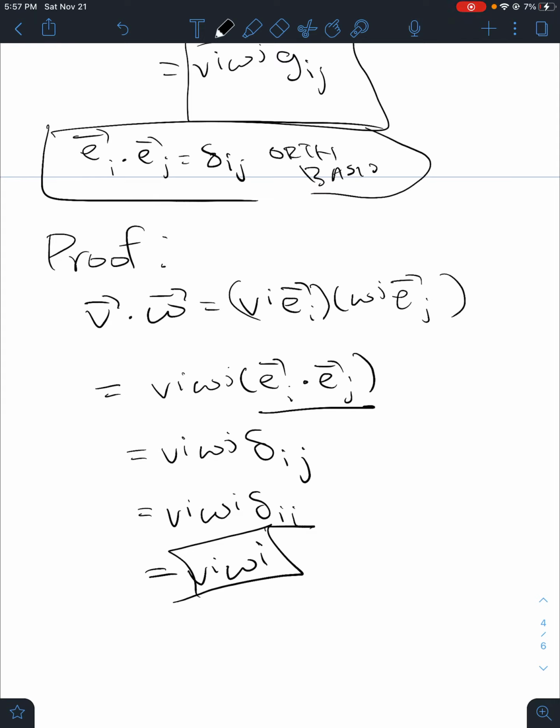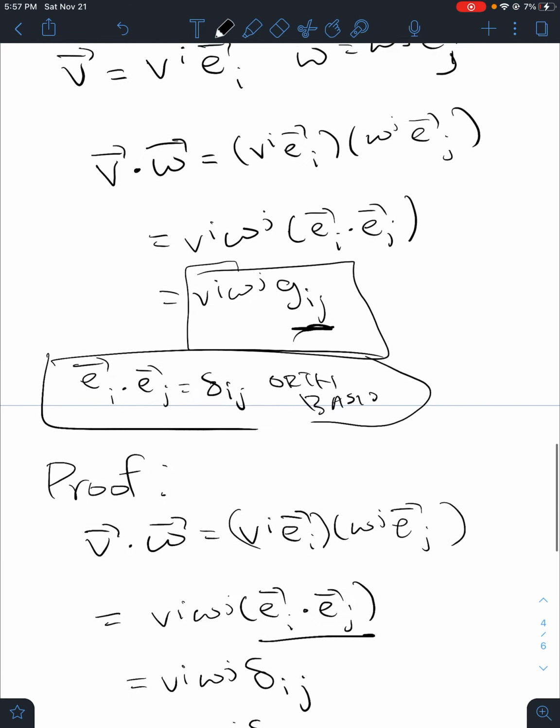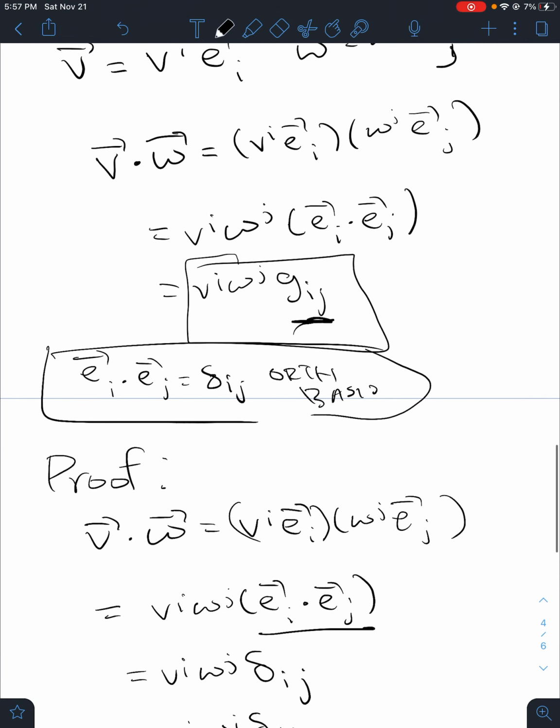So the dot product is only the sum of the products of the components if our basis is orthonormal. If it isn't, then we have to account for the metric tensor component. In an orthonormal basis, such as the Cartesian basis, g_ij is just going to equal the Kronecker delta.